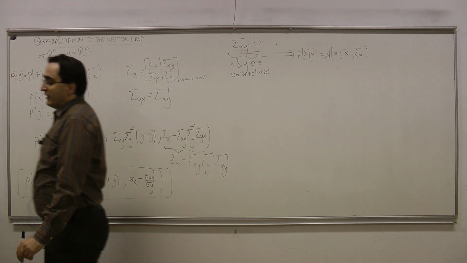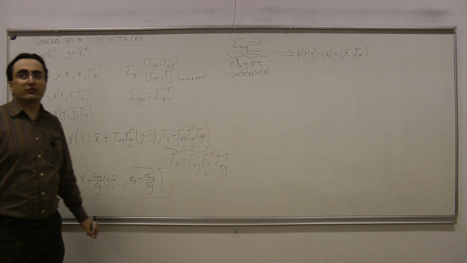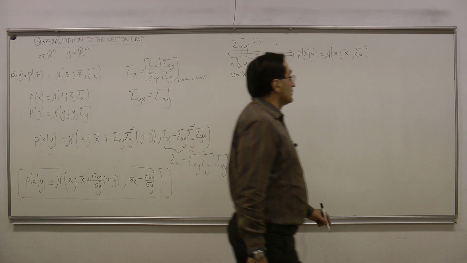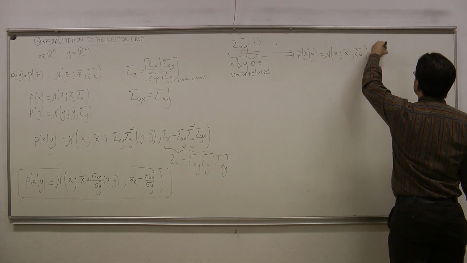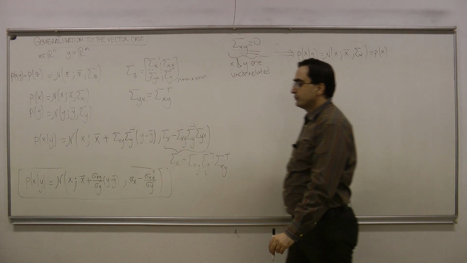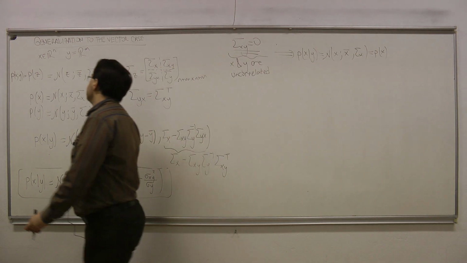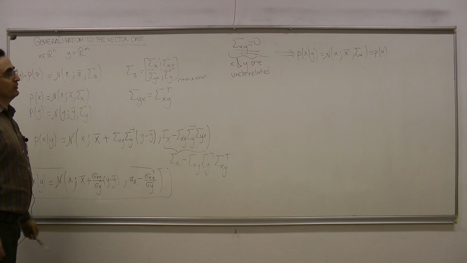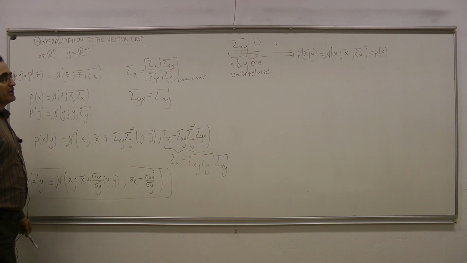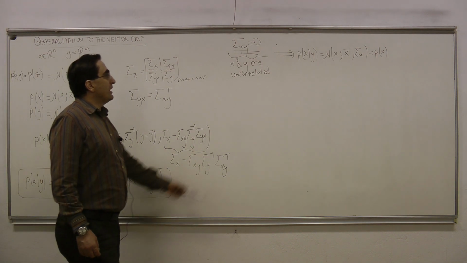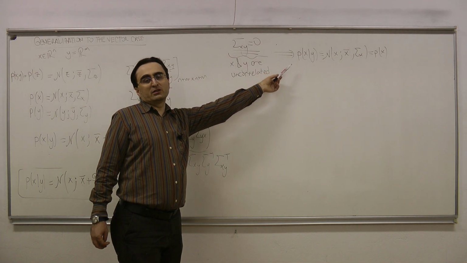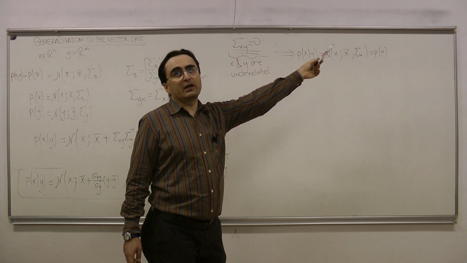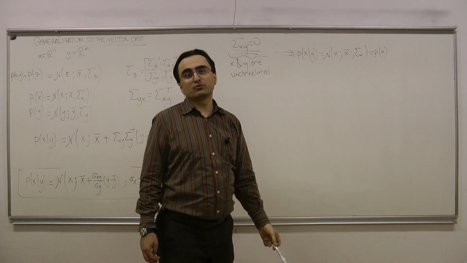So you see that if the cross-covariance matrix is exactly equal to 0, then p of x given y turns into the prior distribution of x. What does this mean? When x and y are uncorrelated, the conditional distribution of x given y happens to be the marginal distribution of x.